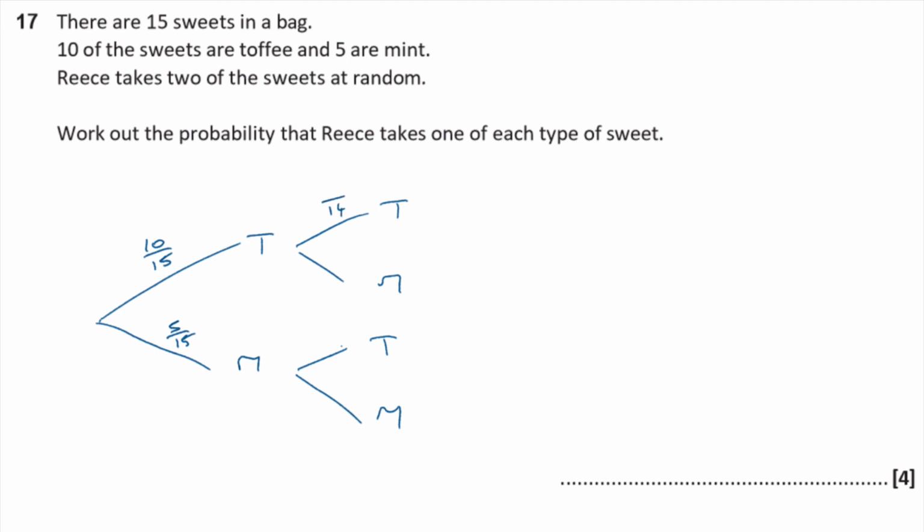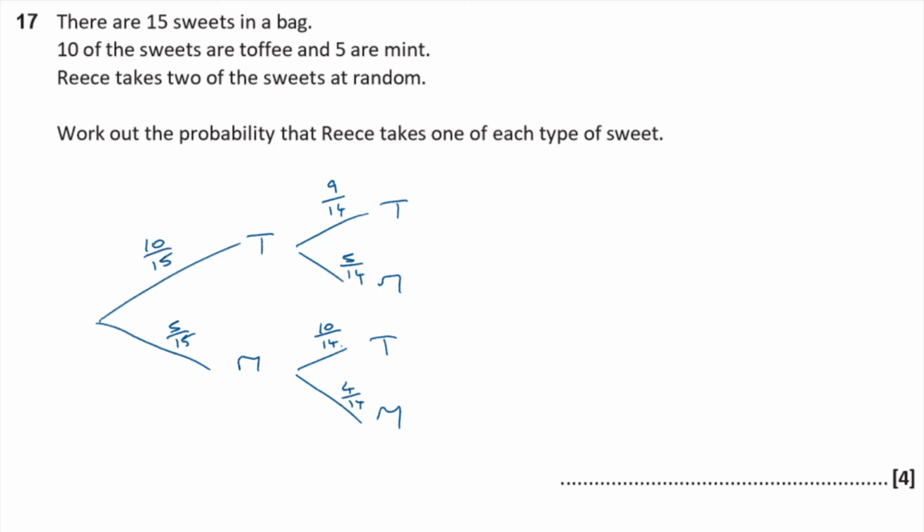I've only got 14 sweets. Now, if I pick the toffee the first time, I've got 1 less toffee to pick from as well. That means there are 9, but I still got all 5 of the mints in the bag there, so that's going to be 5 out of 14. Now if I go down the mint route, that means I've got 1 less mint and 1 less sweet. So that's going to give me a probability of 10 out of 14 for picking a toffee and 4 out of 14 for picking a mint.